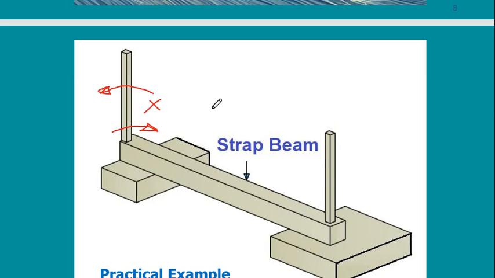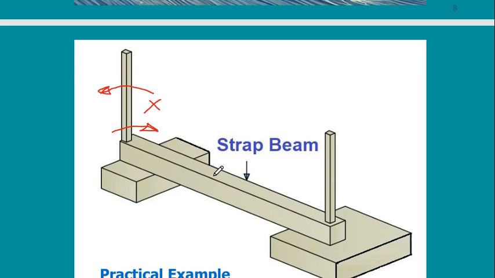So the strap beam is another case of combined footing. Instead of combining the footings together, we are combining them with a strap beam. This strap beam is something like the ground beams in the soil, but it should be a little bit bigger with higher reinforcement, because it is not just a ground beam.